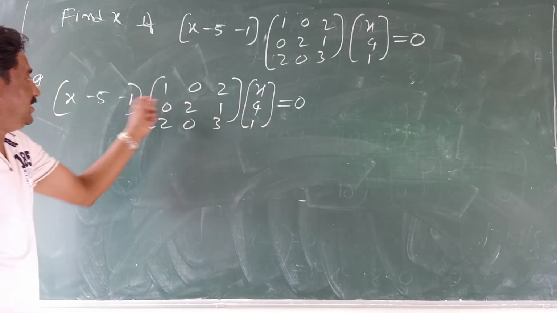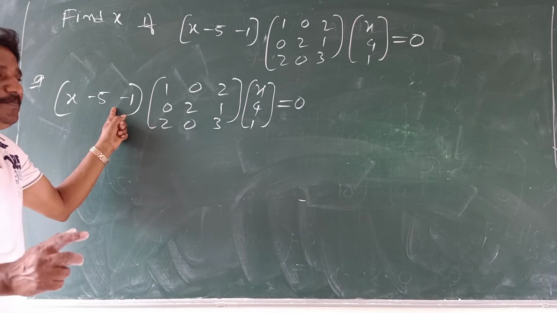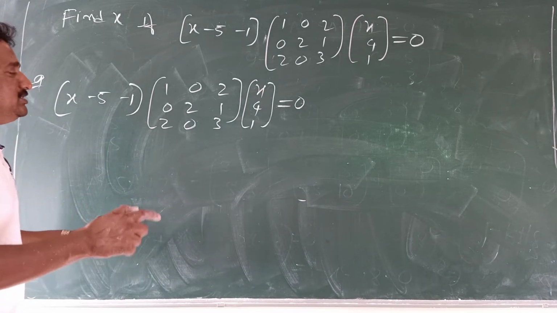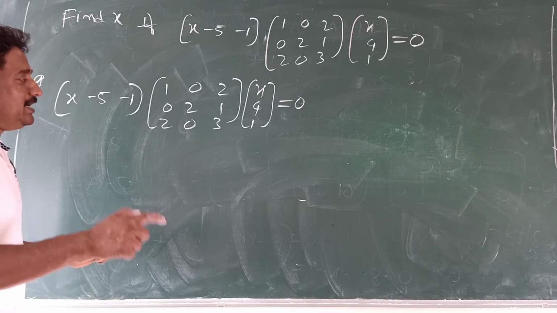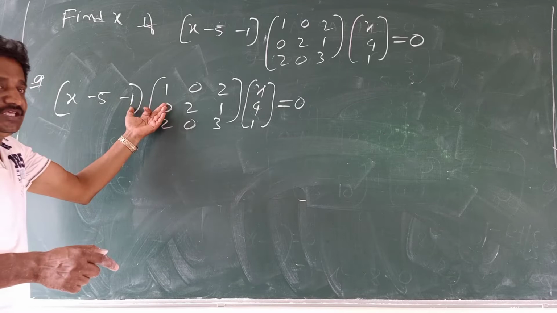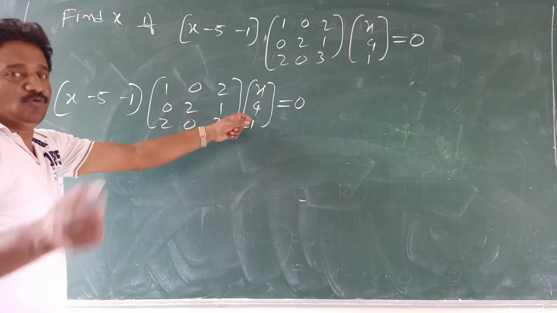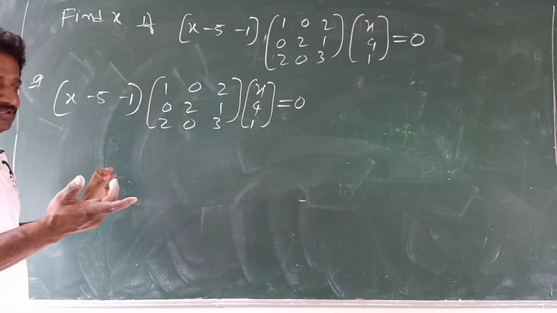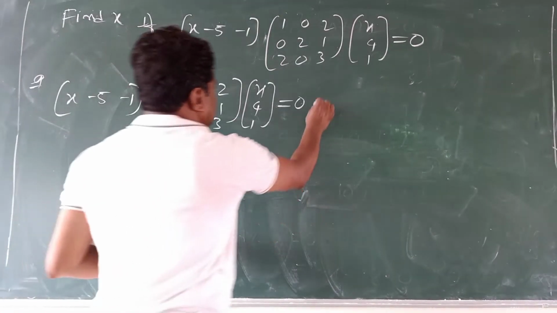Further, they are in product form. Product form means multiplication is involved. You can multiply in any way, multiplying these two first, then going for this, or multiplying these two, then going for this. Both are correct. So I do like this.